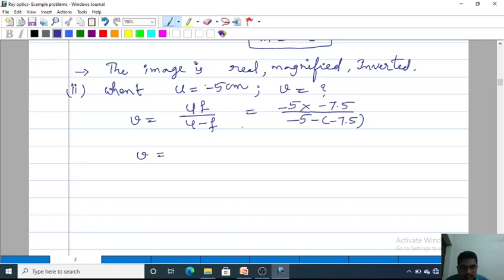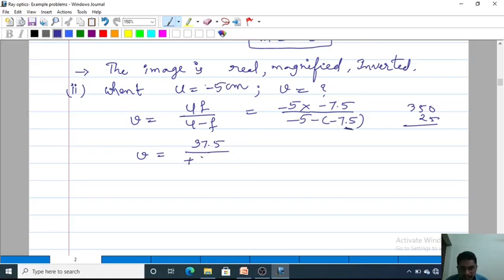So v equals minus 5 into minus 7.5, which gives 37.5 in the numerator. In the denominator, minus 5 plus 7.5, we get plus 2.5, since 7.5 is the bigger one.